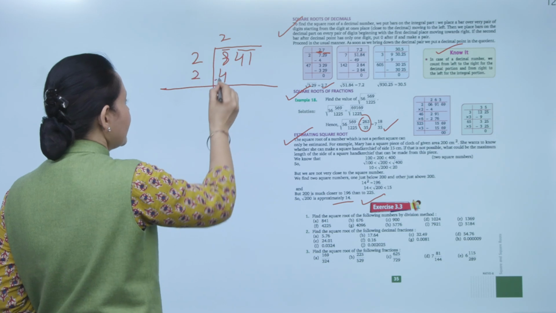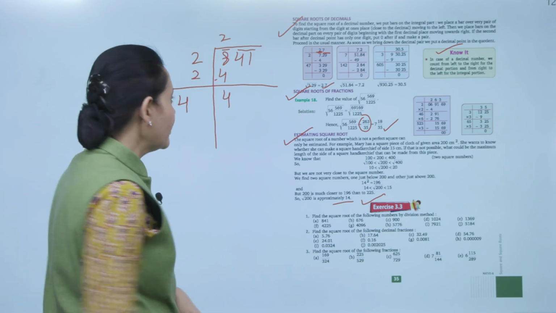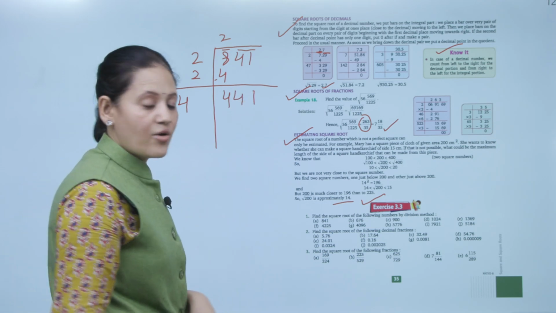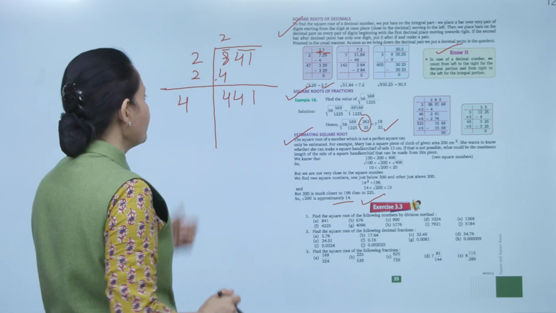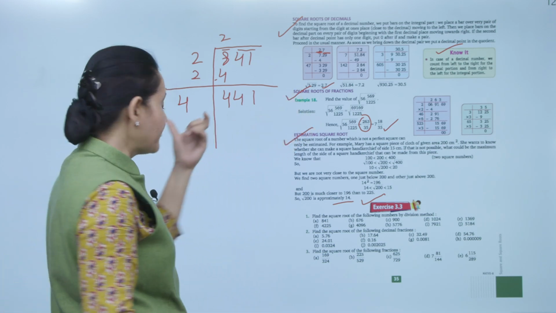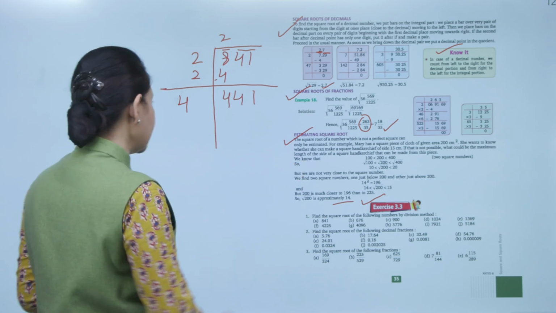Write 2 here, subtract, we'll get 4. Clear? Bring down the next number. Now we have to find a number which we place here, and when we multiply the given number by that number, it should be either equal to 441 or just less than.